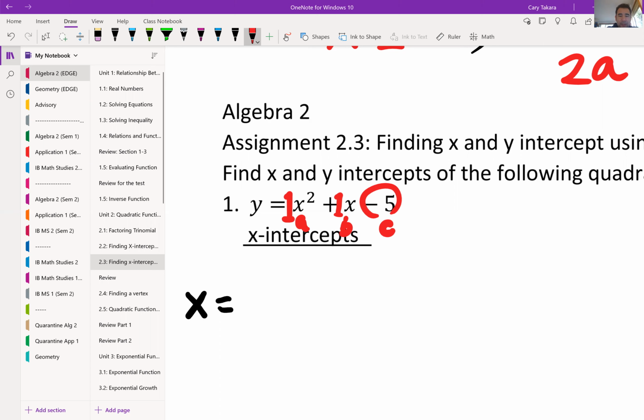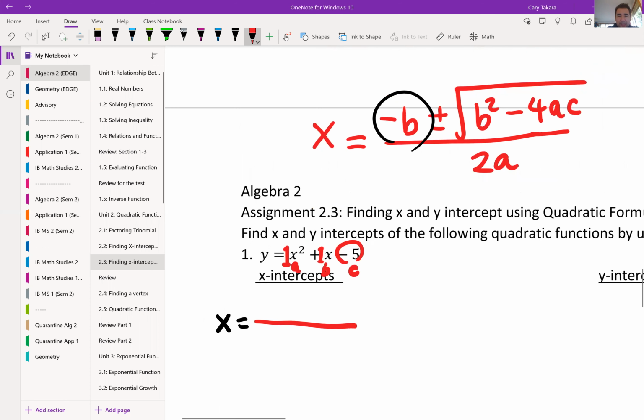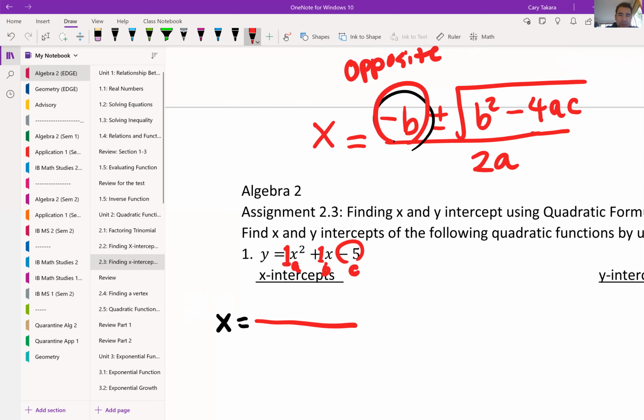Okay. Now let's put it into the quadratic formula. Remember, negative B means the opposite of B, okay?